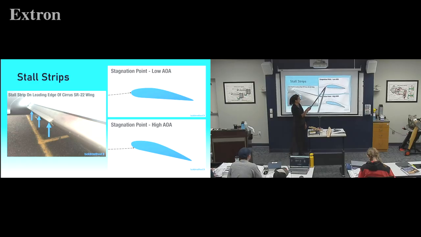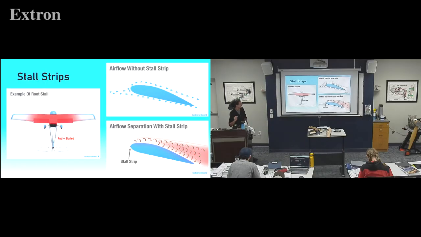And that stagnation point moves as the wing increases in angle of attack. That stagnation point starts to move, which then is causing more turbulence. So they put this sharp pointy thing on to encourage that point to have a, here, this is a little better.